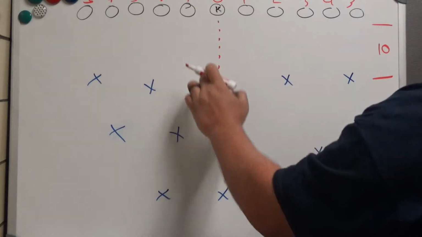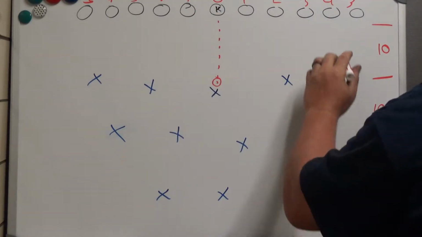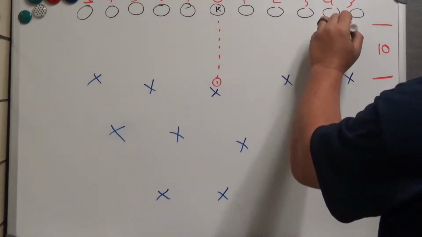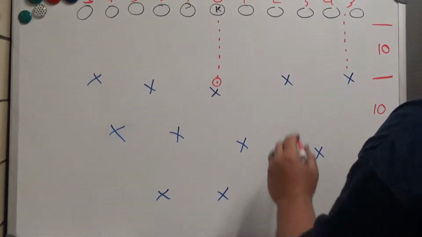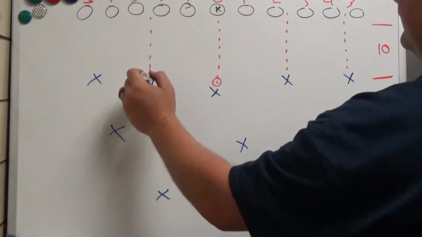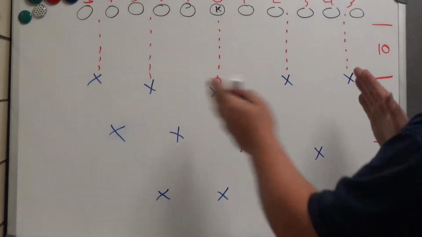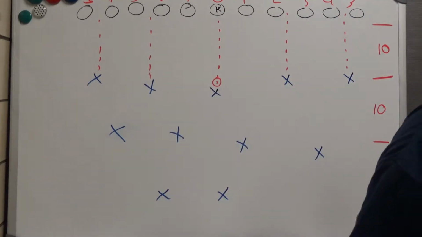Wherever the zero man is, that's who you line up in front of. This guy on the outside is going to be lined up between the 4 and the 5 man. This guy's going to be lined up between the 2 and the 3 man. Same thing over here, 2 and 3, 4 and 5, to get your alignment to where you're at.